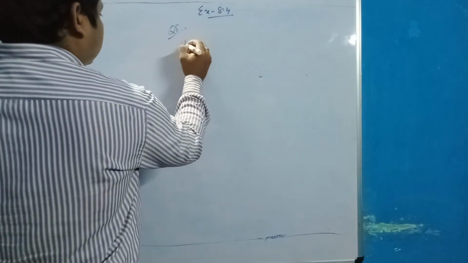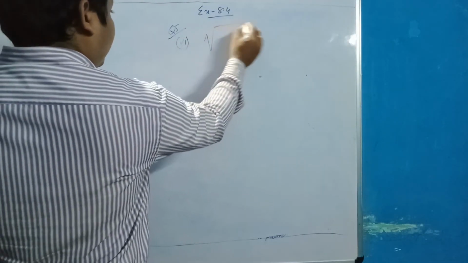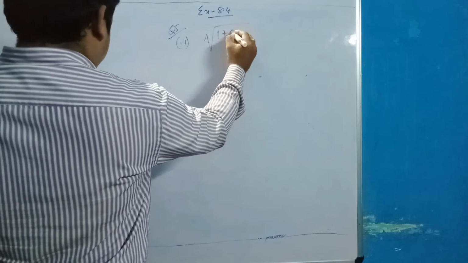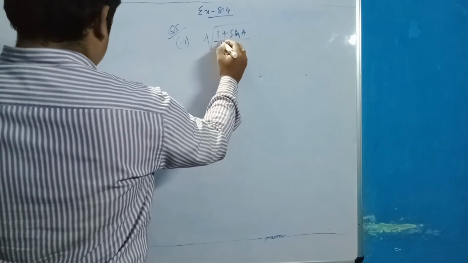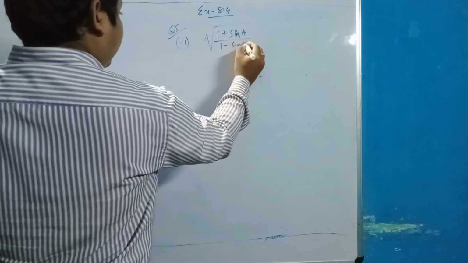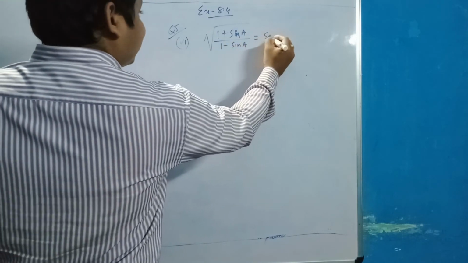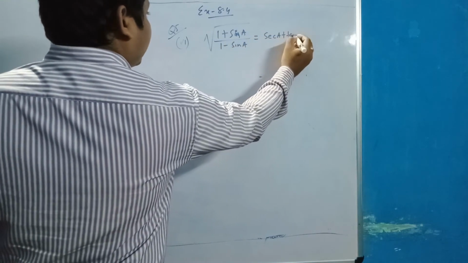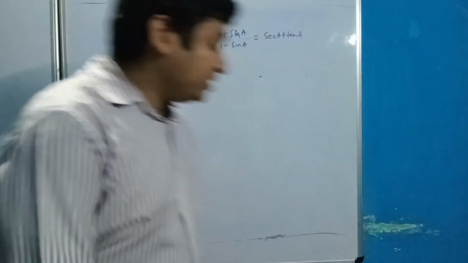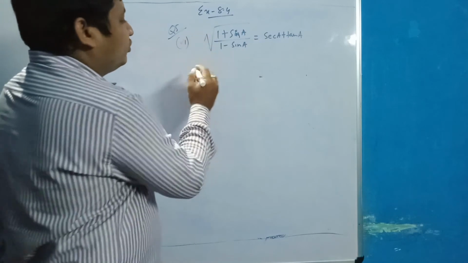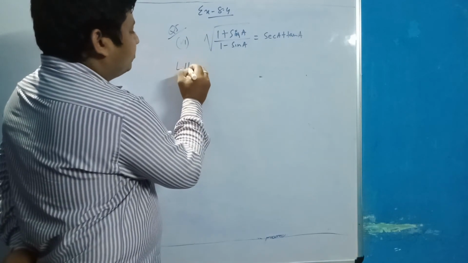Bit 6. It is given root over of (1 plus sin A) by (1 minus sin A) equals sec A plus tan A. We have to prove this one. This will be my last problem over this topic.